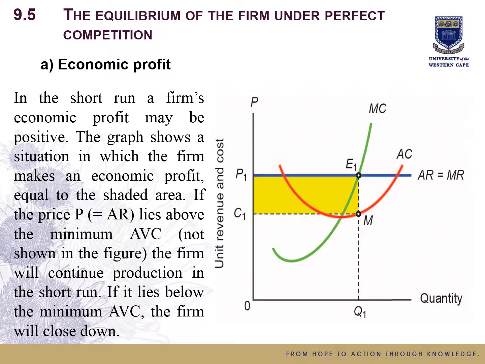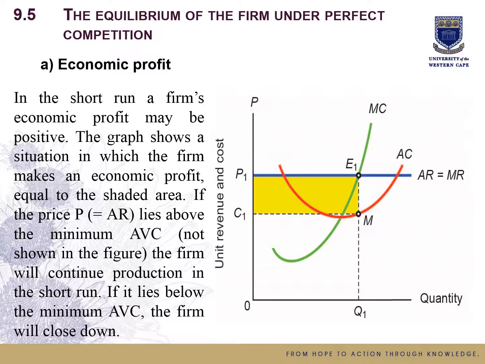The economic profit of the firm is equal to the shaded rectangle P1, E1, M, C1, which is essentially P1 minus C1 multiplied by Q1.